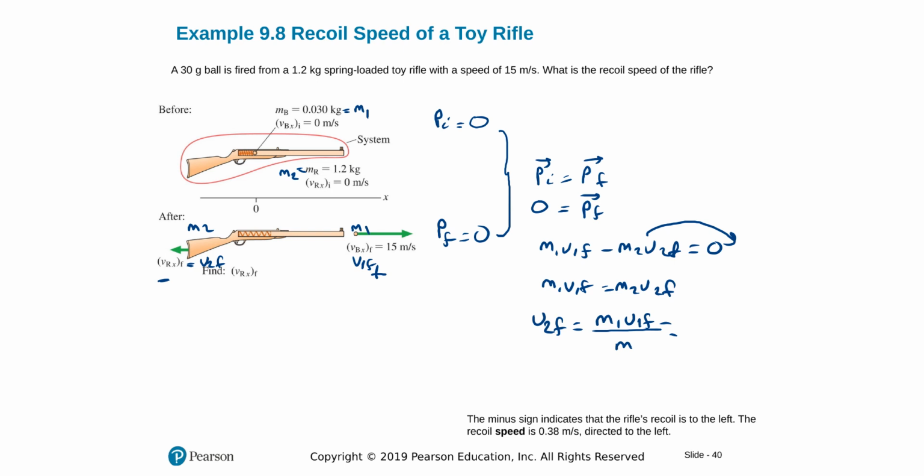So M1 is 0.03 kilogram. V1 final is 15 meters per second, and that divided by M2, which is the rifle's mass, 1.2 kilograms.